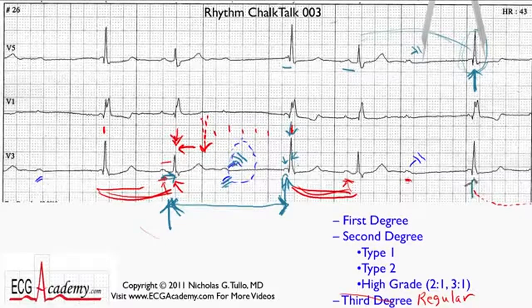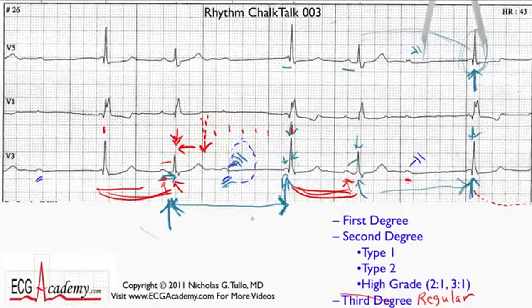So if this is an escape focus, where did it come from? Well, you might think that it's a junctional escape focus, but did you notice that this QRS looked a little bit different from the conducted QRS complex? This is the conducted beat, and this beat that follows the long pause, which we already are thinking is an escape focus, looks different. So it's not a junctional escape.